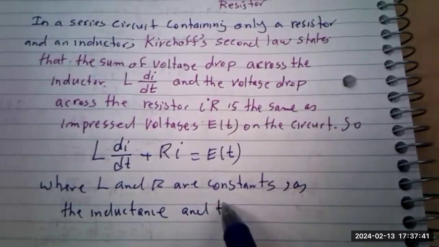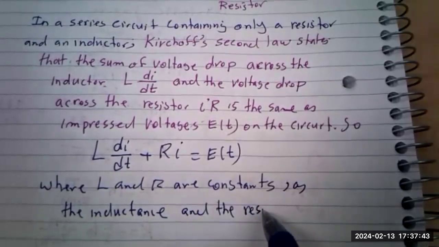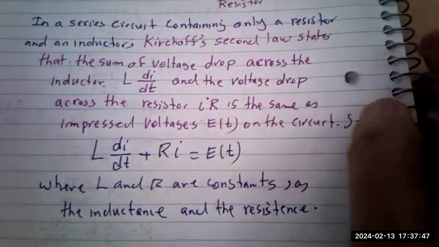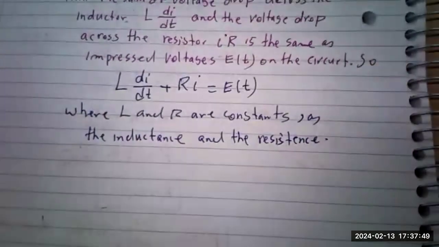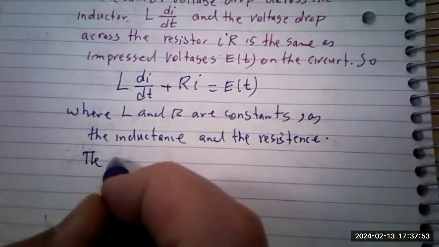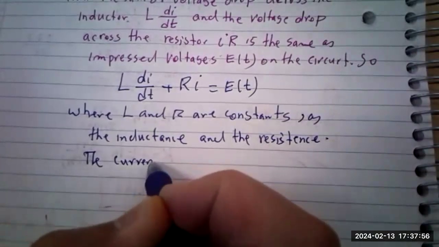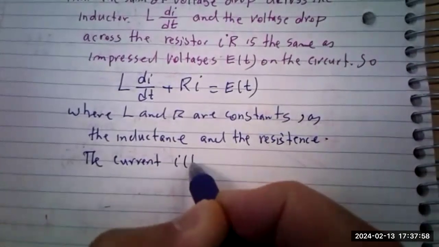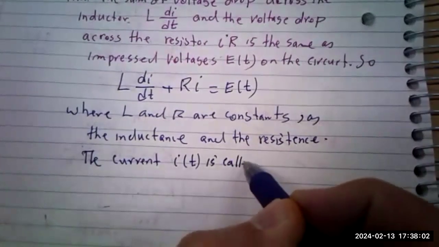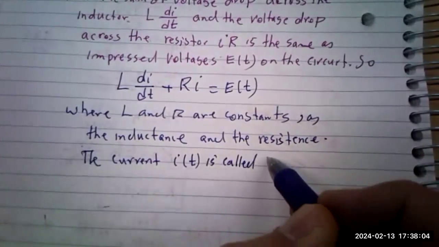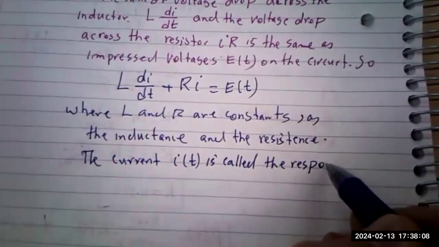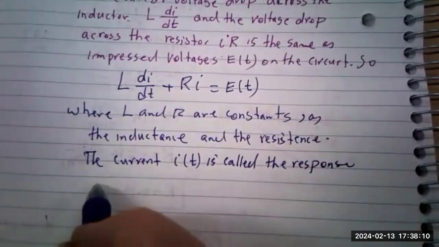And the resistance, what number would be given? And the current is going to be a function. Okay, the current I is a function of t. I of t is going to be called the response of the system.